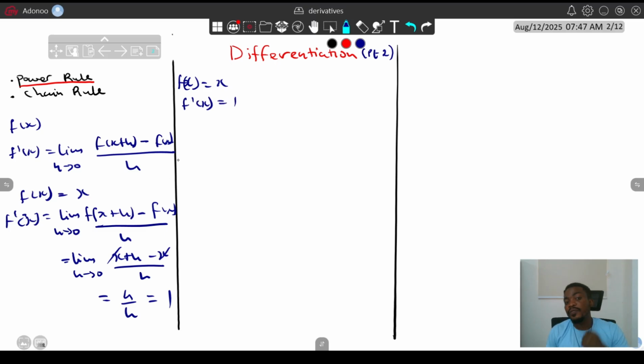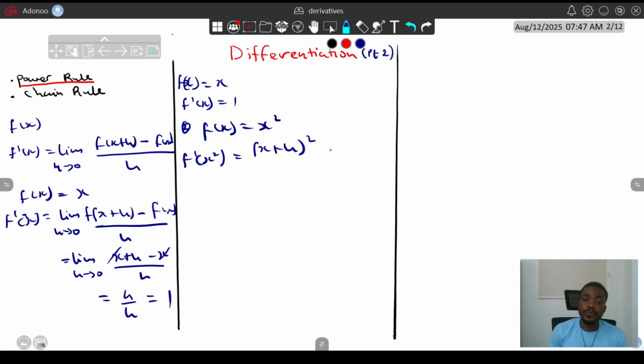So what if we say f of x is equal to x squared? Then f prime of x should be equal to x plus h all squared minus x squared all over h.